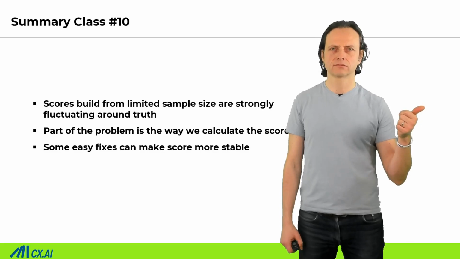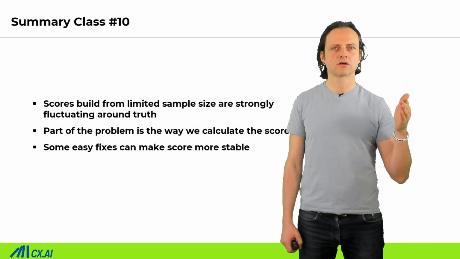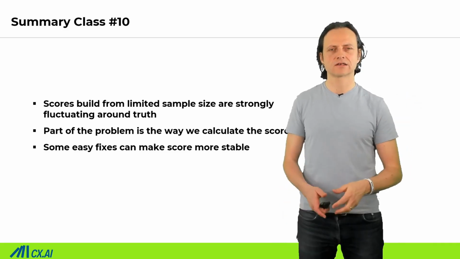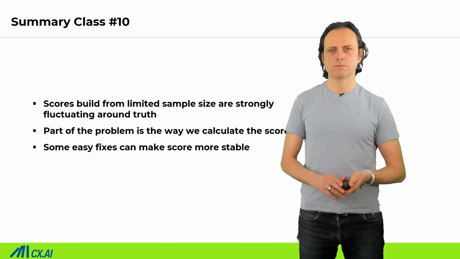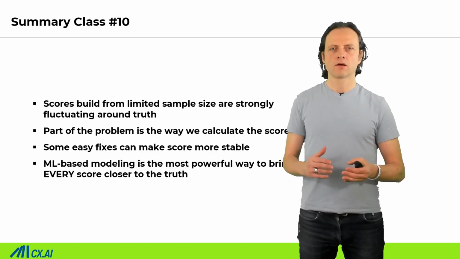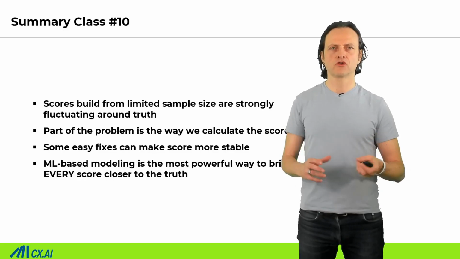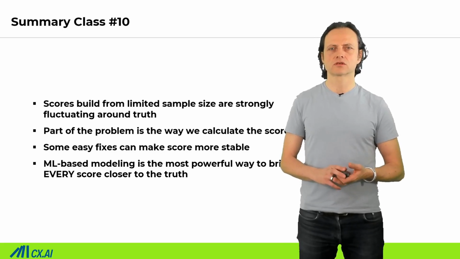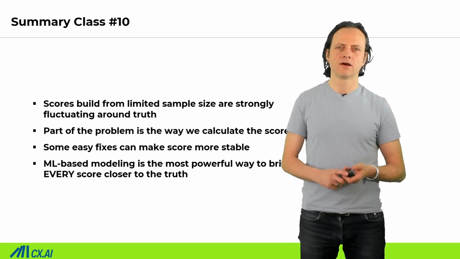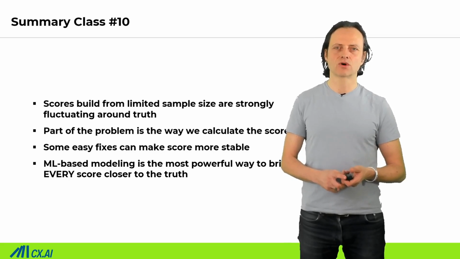Fuzzy logic can help, such as averaging actual versus last and so forth, or treating the weighting scheme. But actually the most efficient and most precise way to do it is to use machine learning modeling. It's the most powerful way to bring every score closer to the truth.